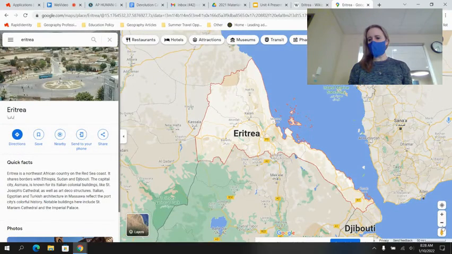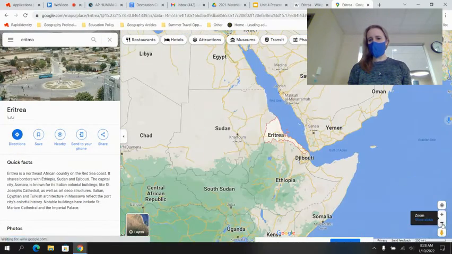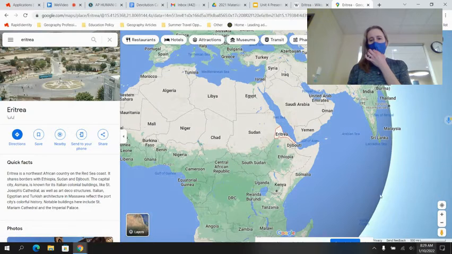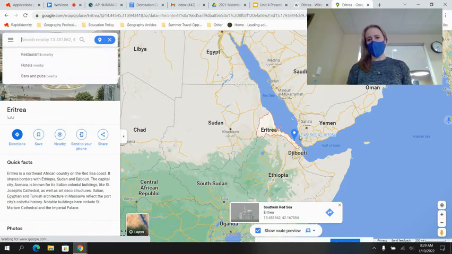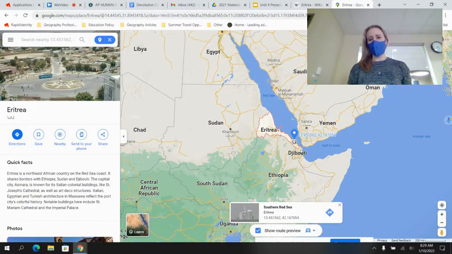Okay, so Eritrea is a country in East Africa. So we have Eritrea here, Ethiopia, here's Somalia, here's Djibouti. But this is Eritrea right here, okay? So kind of a small country nestled in between Sudan and Ethiopia.